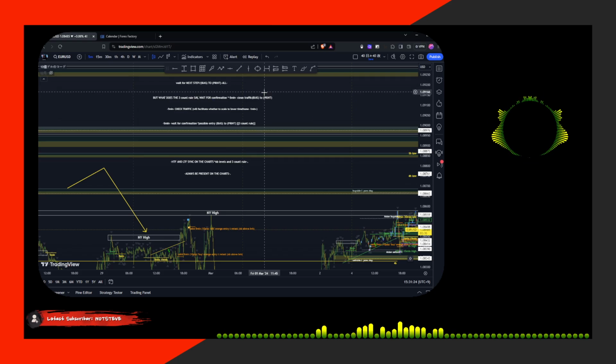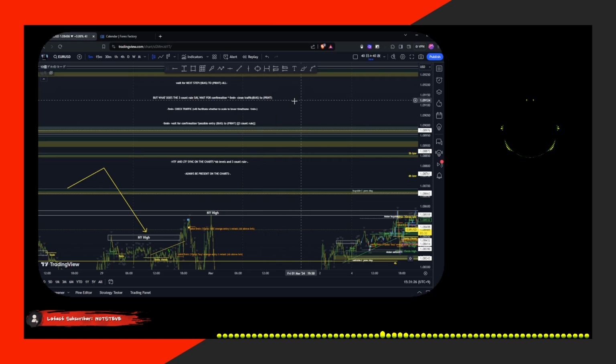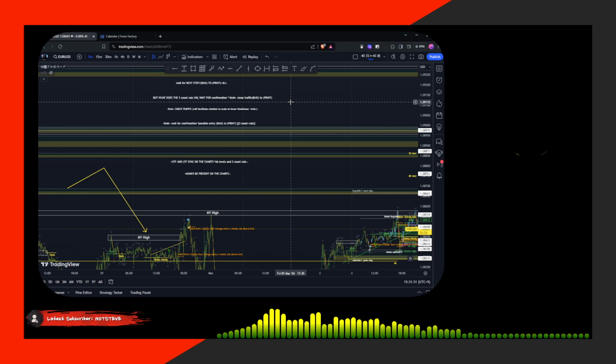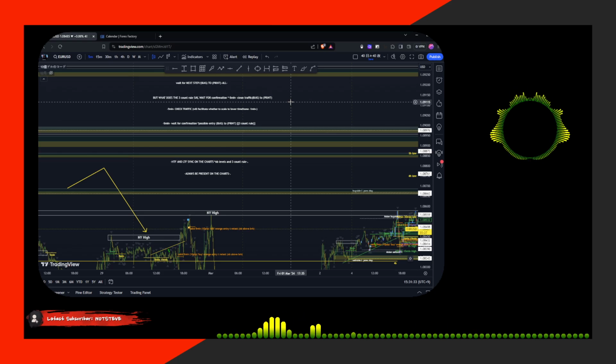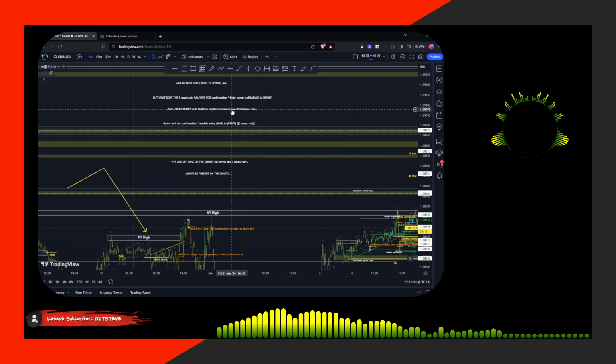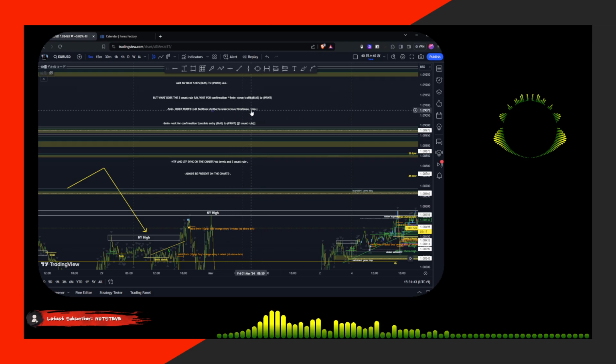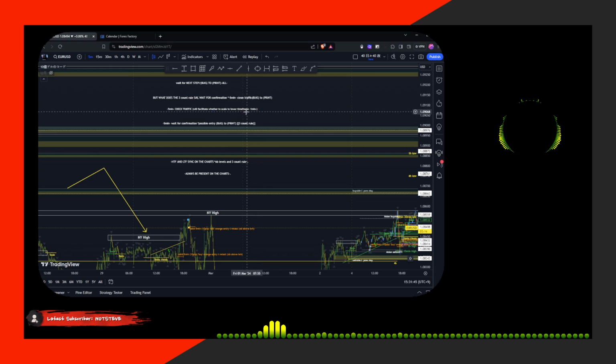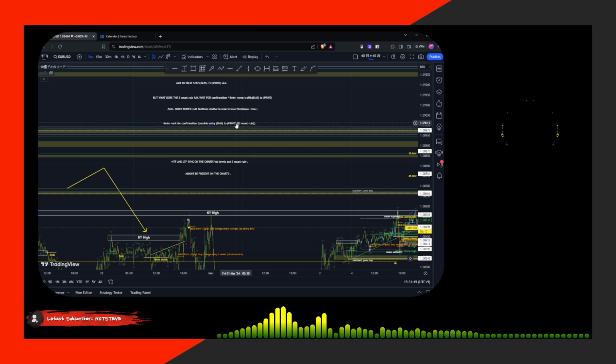Wait for the confirmation, 5-minute clean traffic, buyers to print. On the 5-minute time frame, I'll check for the traffic. If I facilitate whether I will scale to the lower time frame, that's 1 minute. 5 minutes wait for confirmation, possible entry.